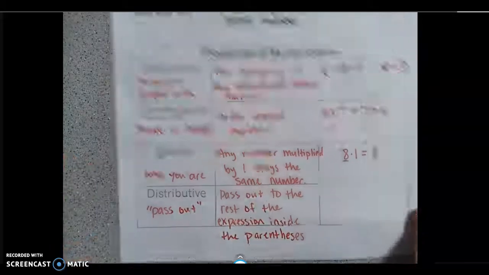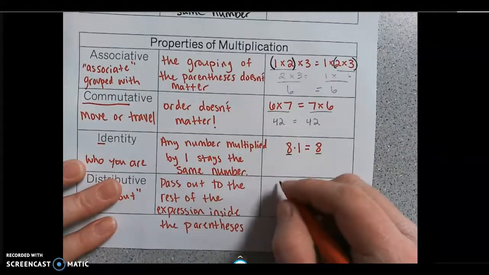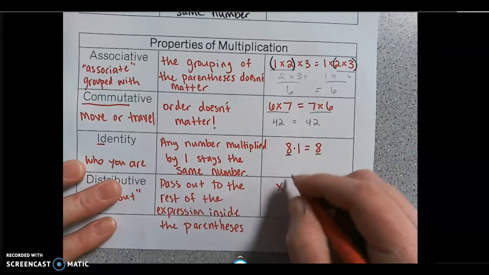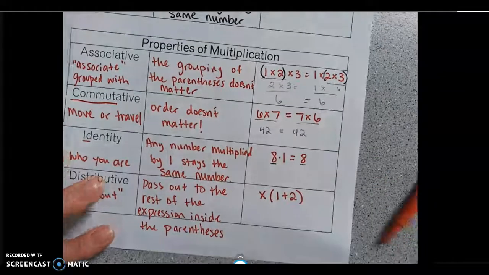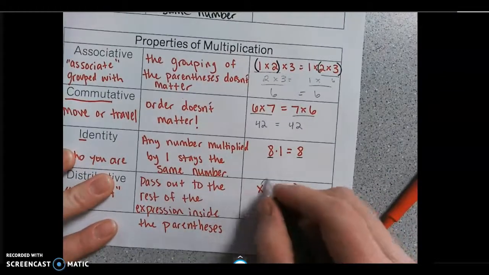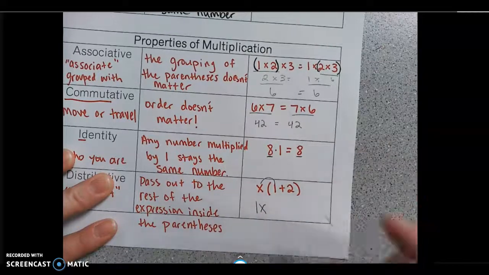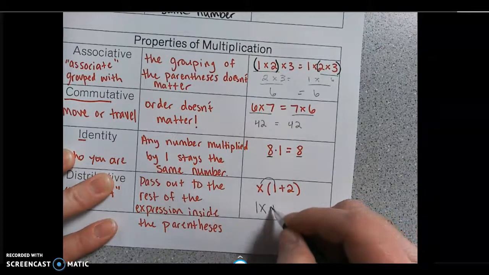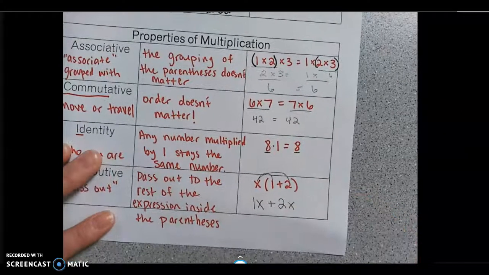Okay, so for example, maybe I've got x on the outside and 1 plus 2 on the inside. So what I would do is x times 1, which would give me 1x, or just x, okay? And then bring my plus sign down, and then x times 2 would give me 2x, okay?